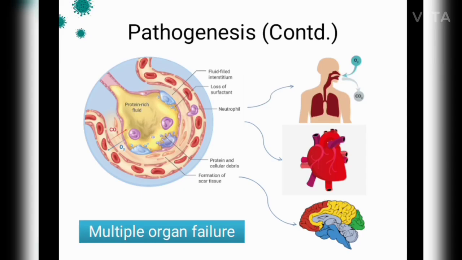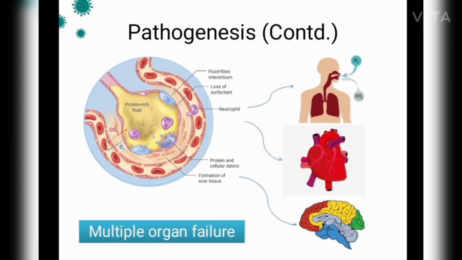These macrophages release specific cytokines such as interleukin 1, interleukin 6, etc. As the result of immune response, the capillary permeability increases. The consequence of this immune response is fluid accumulation in the alveoli, which will cause damage to the alveolar cells. As the alveolar cells get damaged, it eventually decreases the gas exchange, which is the main function of these cells.